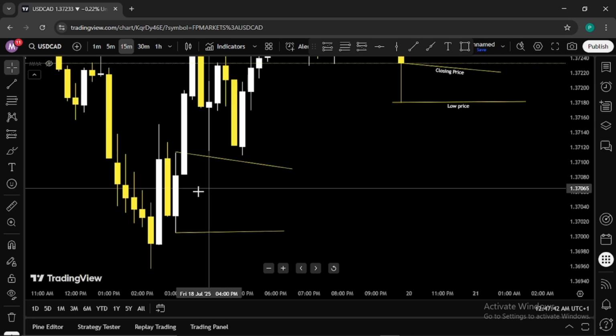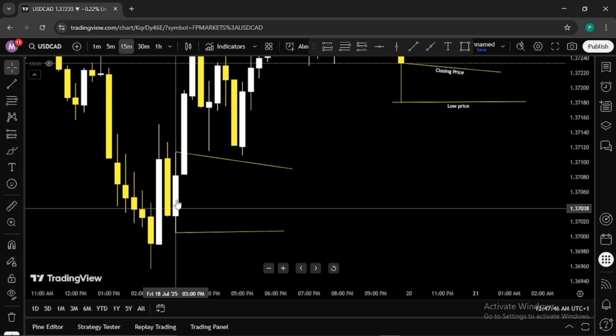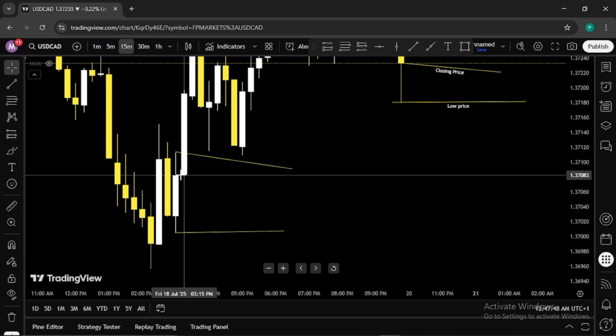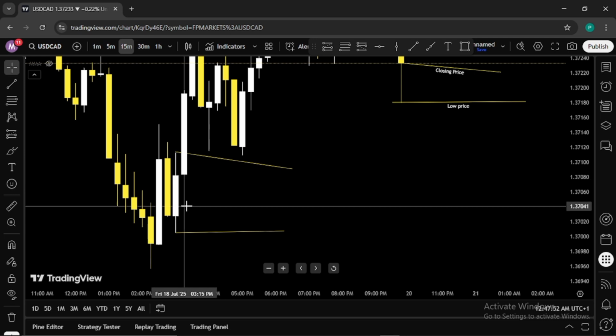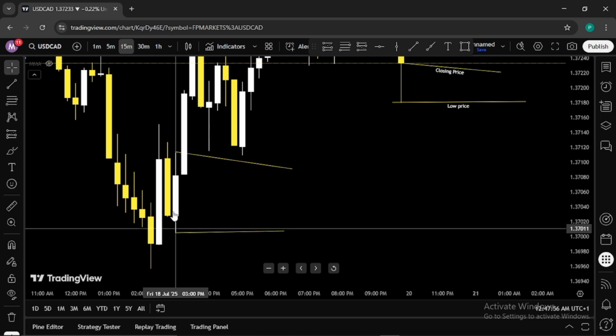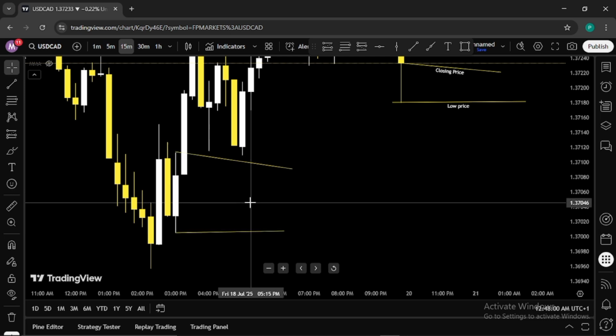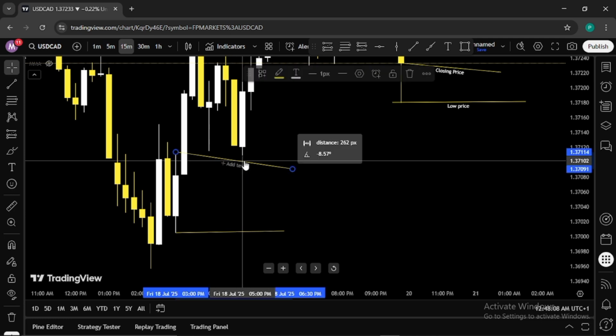But for bullish candle, they open below, which is this part of the body, and then they close above the opening price, which means they are what? Bullish candles. When price opens here, trades lower to this point, trades back high to this point, and closes here. If you watch a live candle forming, you would see what I am actually talking about in terms of the movement of price.